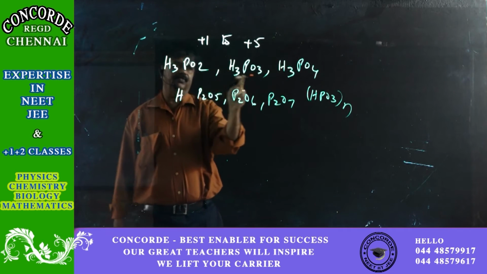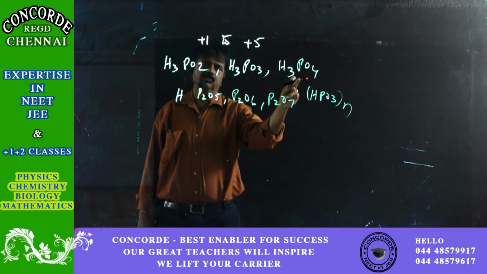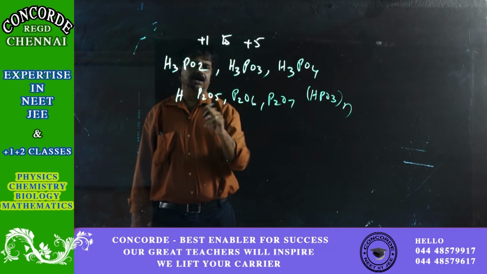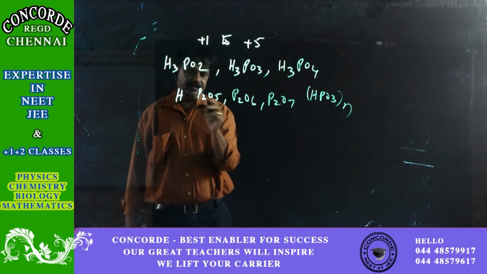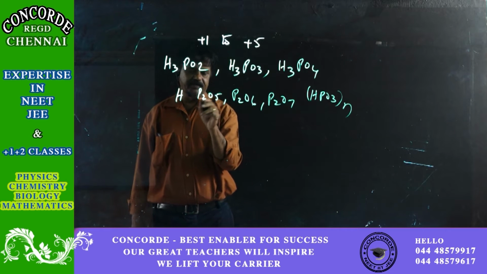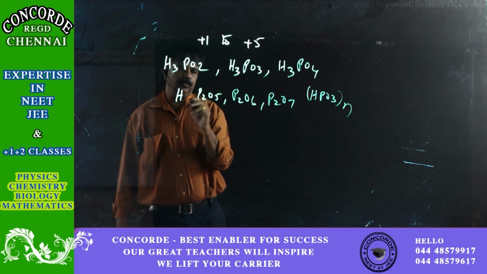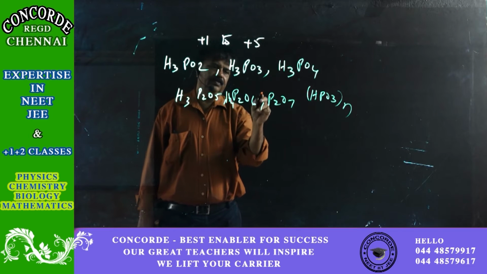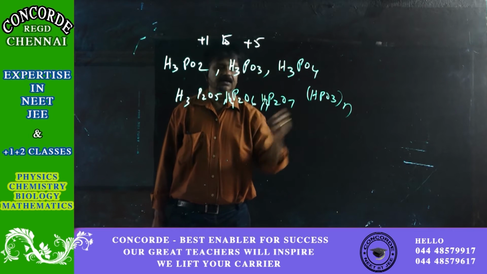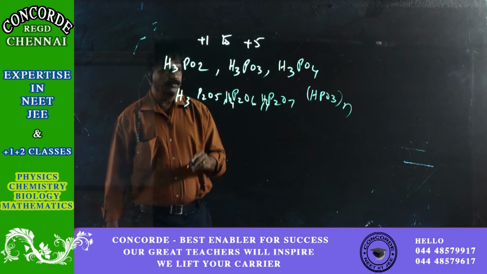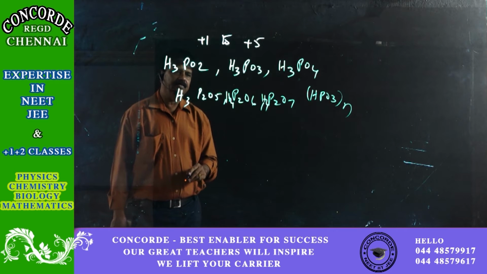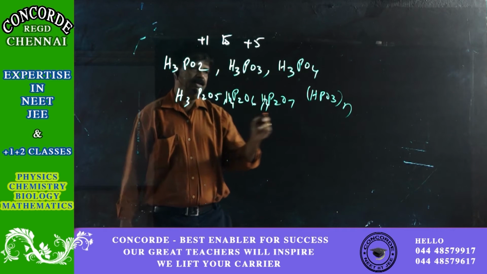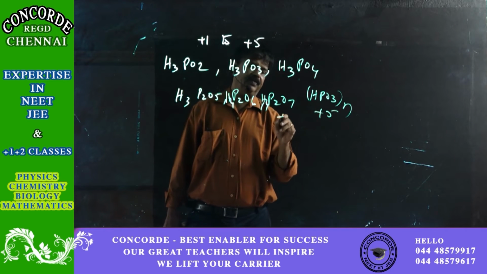Phosphinic acid, phosphonic acid, orthophosphoric acid, and various combinations of H3PO2, H4P2O5, H4P2O6, H4P2O7, and like this. For all these various oxides, the oxidation state is +5.